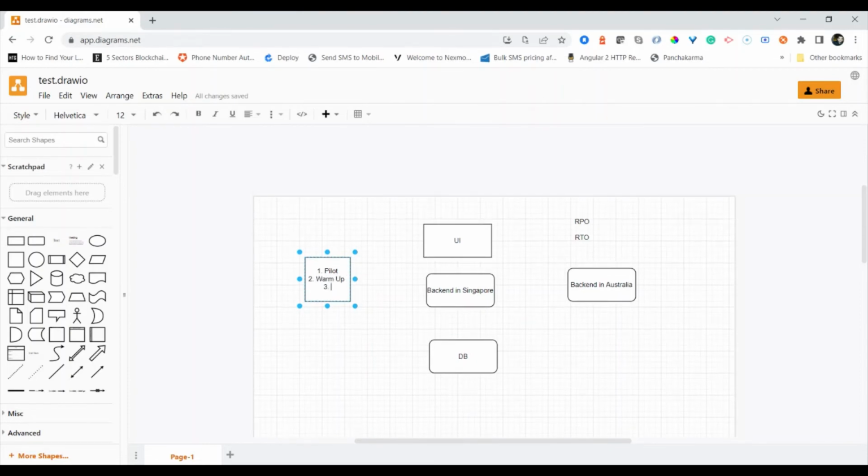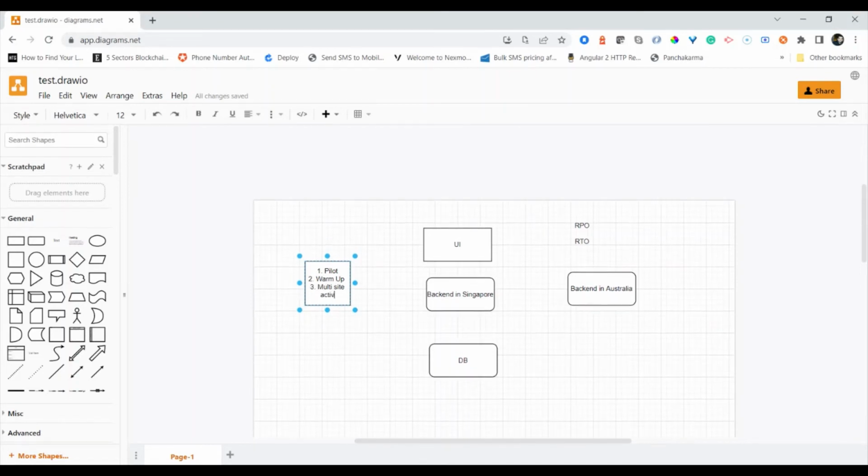Then, what next? There was one more. Yeah, the multi-site active. I'll explain every type of that. The last one, which I would say should be the first one, is backup and restore.